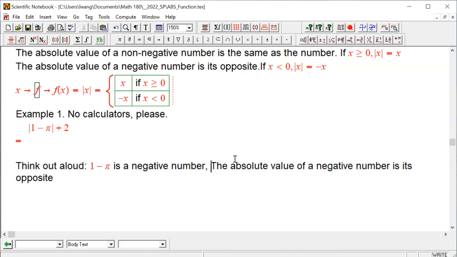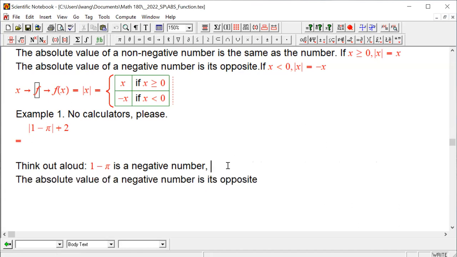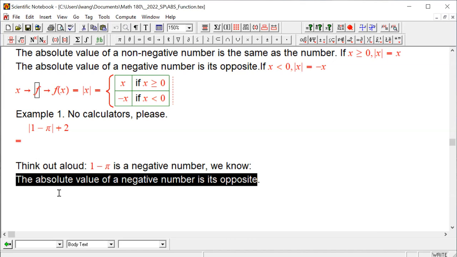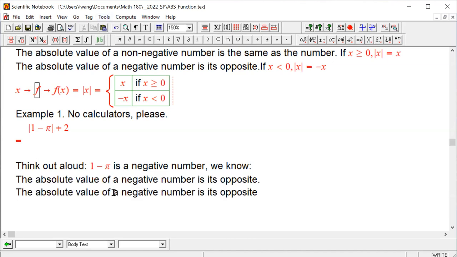And how does it apply to our situation here? The absolute value of a negative number, this negative number we're dealing with now, is 1 minus pi.